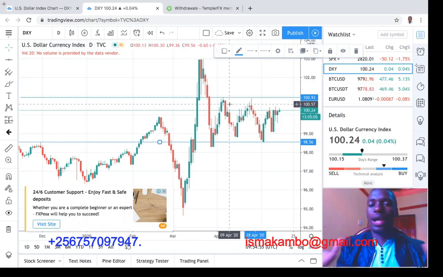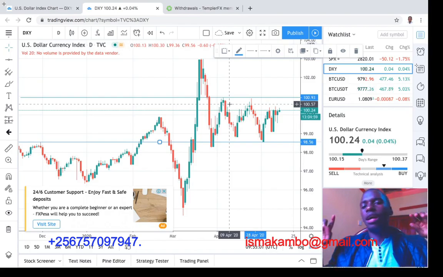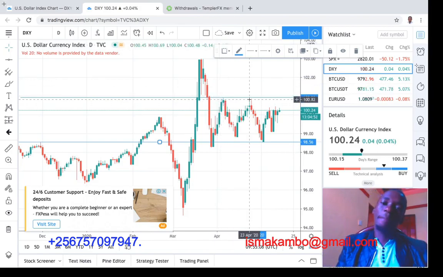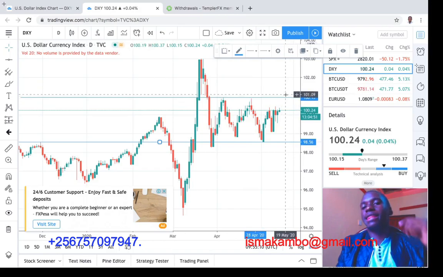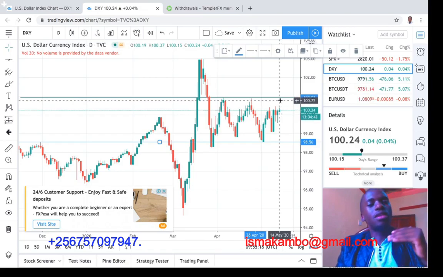Because in technical analysis, among the three basic principles, one is market action: markets do repeat themselves, or history repeats itself. So if the same thing happened here, we expect the same thing to happen here. But all we need now is a confirmation that will really tell us that this market will be going down.